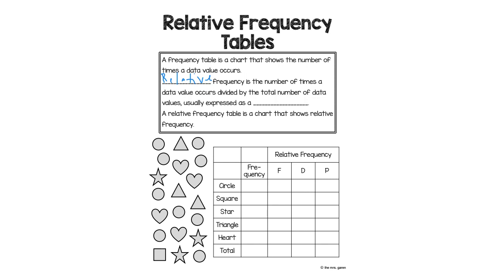And it's usually expressed as a percent. A relative frequency table is a chart that shows the relative frequency. So we're going to look at this one at the bottom down here.